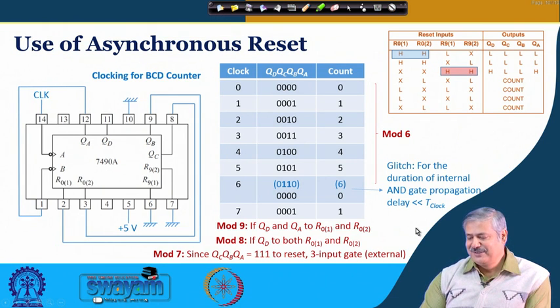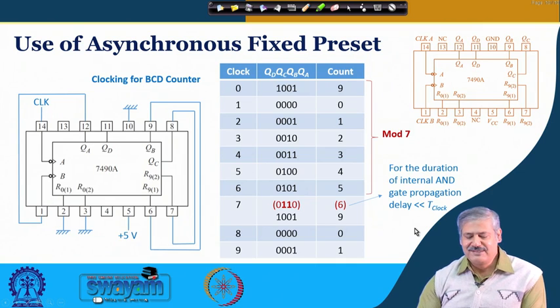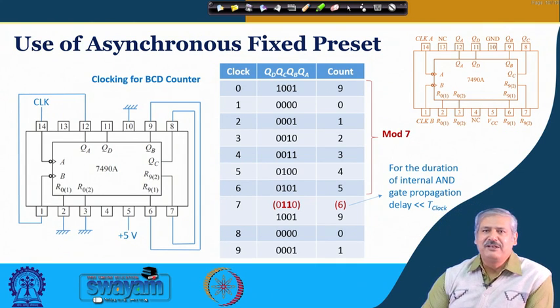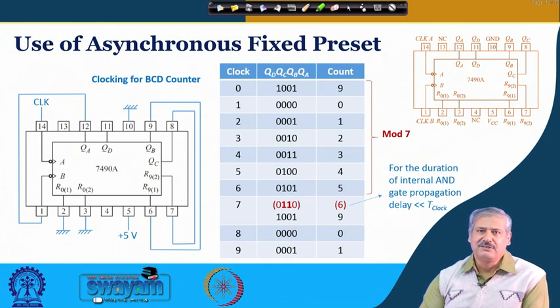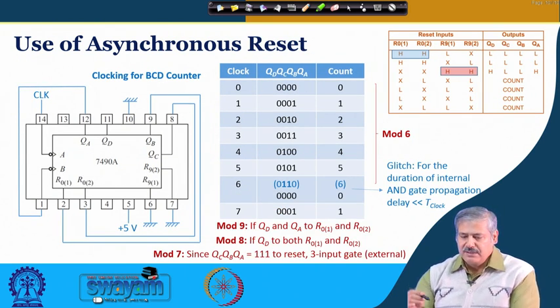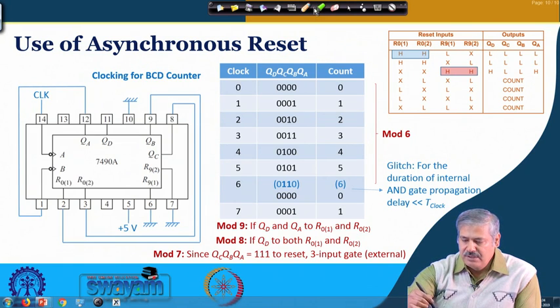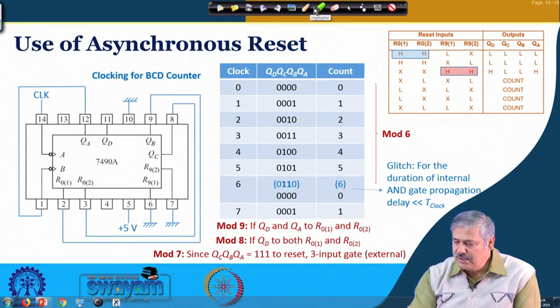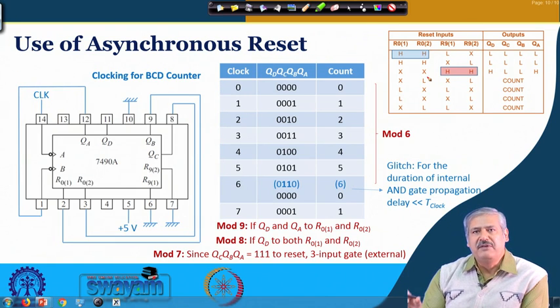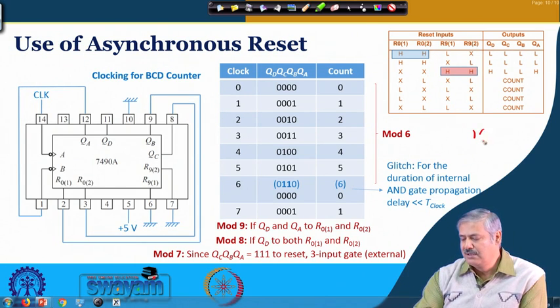Now, we shall look at something where the use of the fixed preset, which is there with 7490A, we shall exploit for this modulo number design. So, here we had seen that when R91 and R92, R9 means it is setting a value 9, 1001. Okay.